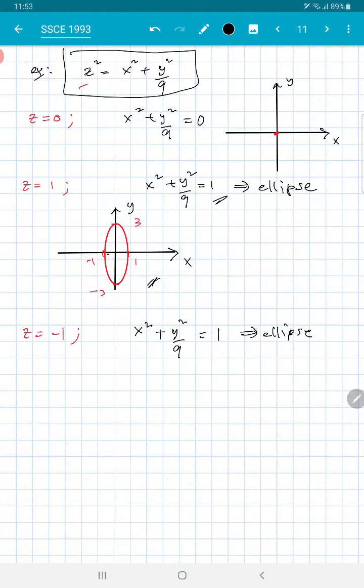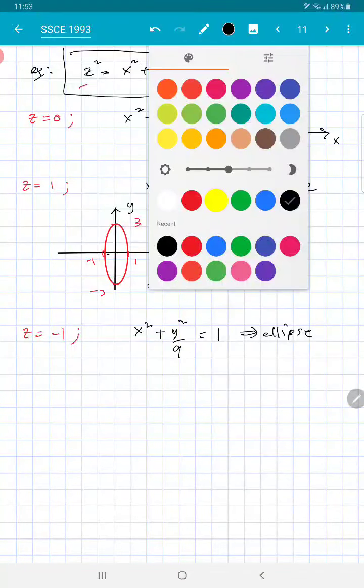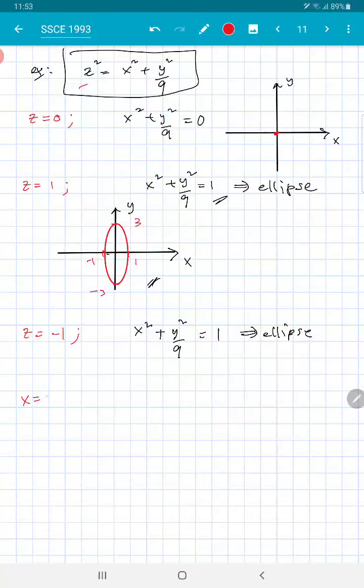Okay, now we need the view from the front. So for the view from the front, we need to let X be a constant. So can we let X equals 0? When X equals 0, we have a valid equation, because on the left we have Z squared, and on the right we have Y squared over 9, since we replace X with 0.